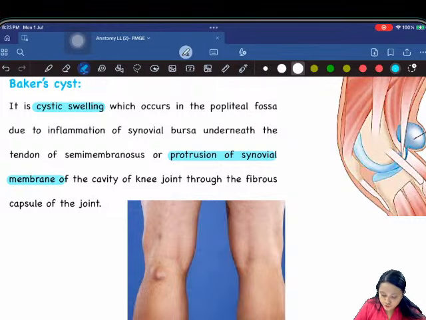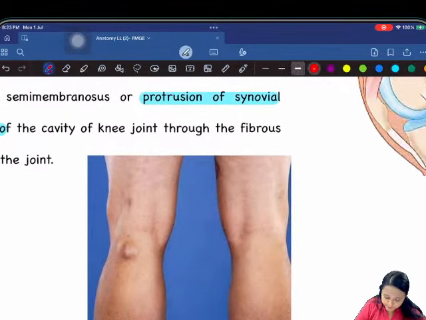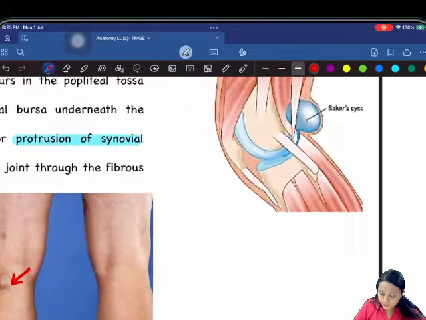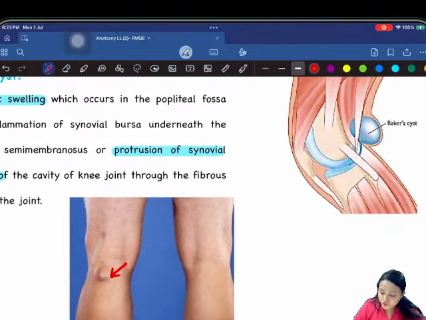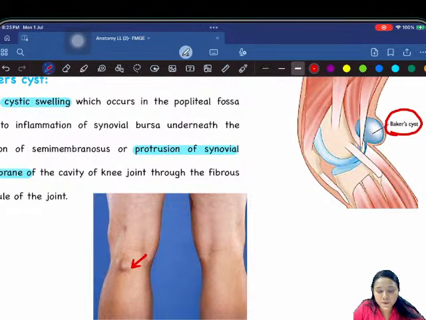As you can see here, this is the swelling, right? So this swelling will be cystic. This is known as Baker's cyst.